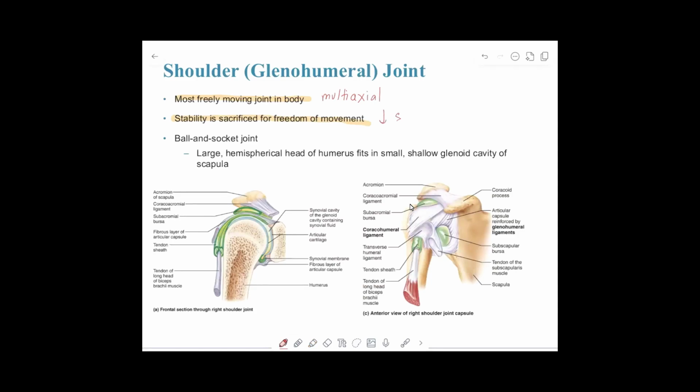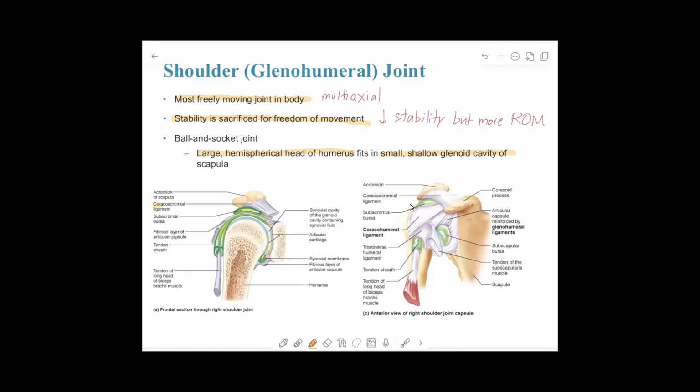So there's less stability, but more range of motion, which I'm going to put as ROM. So the ball inside has this large hemispherical head of the humerus that fits into a small, shallow glenoid fossa. We can see all the supporting structures here.